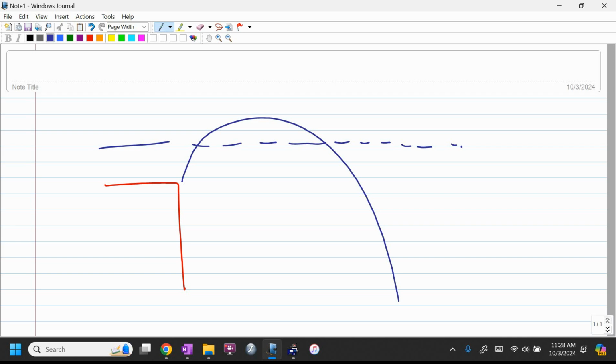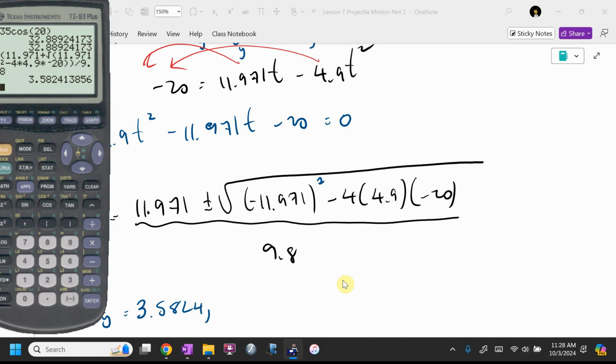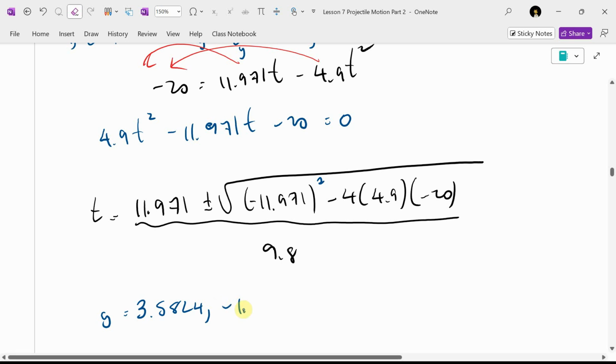So if you're finding time, you would actually get two positive roots. But just for consistency, let's find the negative root, Mr. Dueck. Negative 1.14. Reject.